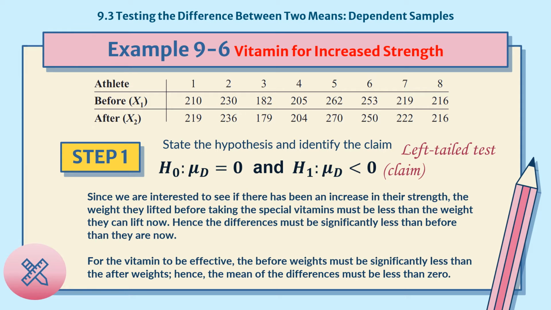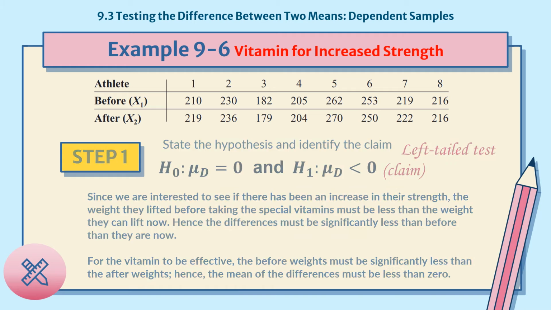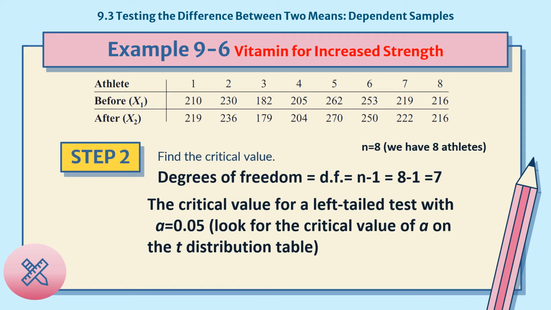So, our claim is our alternative hypothesis. Our H sub 1, our mu sub d or mean of the difference must be less than 0. Step 2. For our step 2, we find the critical value. So we have 8 athletes, so our n or our sample is equal to 8.